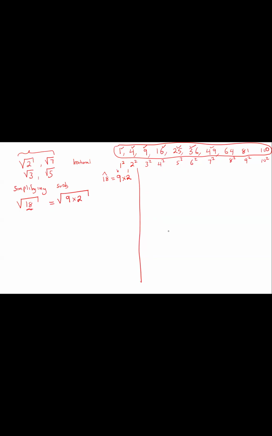Under the rules of surds, we can separate this and write it as root of 9 times root of 2. And the square root of 9 becomes 3, so we get 3 root 2. Now, this is what we have in a simplified form.